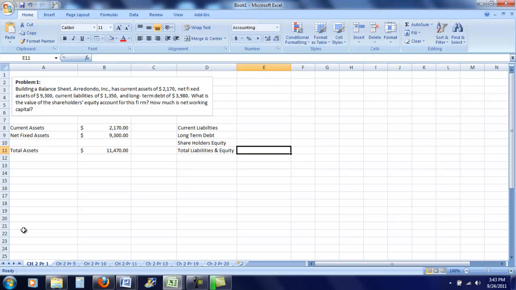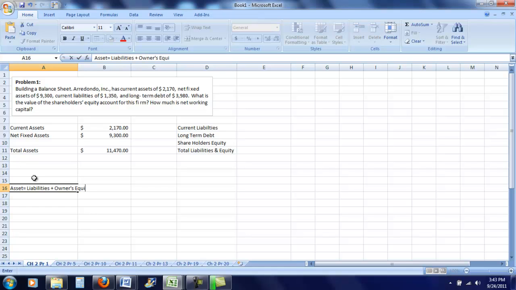Now, if we go back to our accounting equation, which I'll put down here, assets equals liabilities plus owner's equity, which is also shareholders' equity. So, if that's the case, then what we know is total liabilities and equity must equal assets.